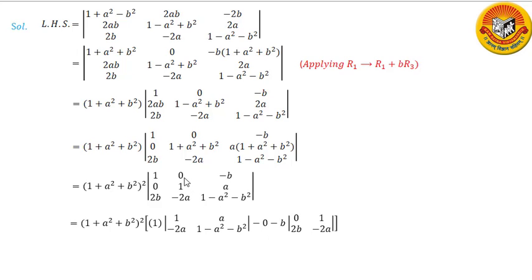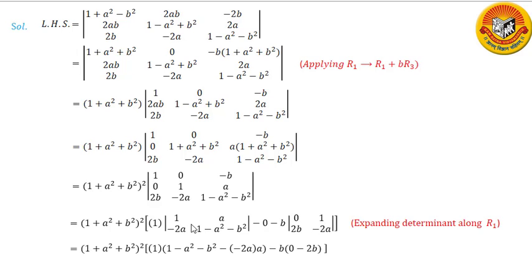The second term is 0, and the third term is minus b into, I will leave this column and this row, so I get 0, 2b, 1 and minus 2a. Now you can simplify this whole term, and finally you will get your result, which is 1 plus a square plus b square the whole cube, which is your right hand side.